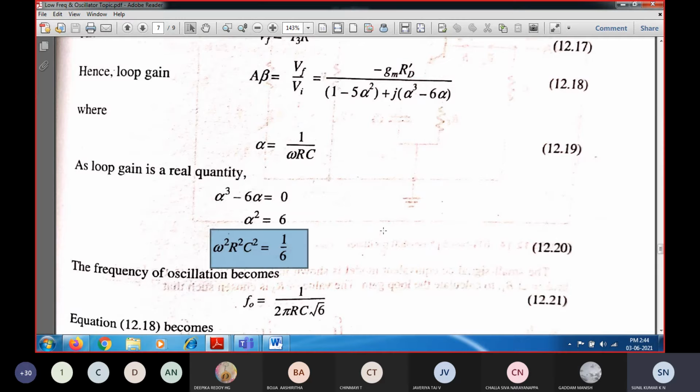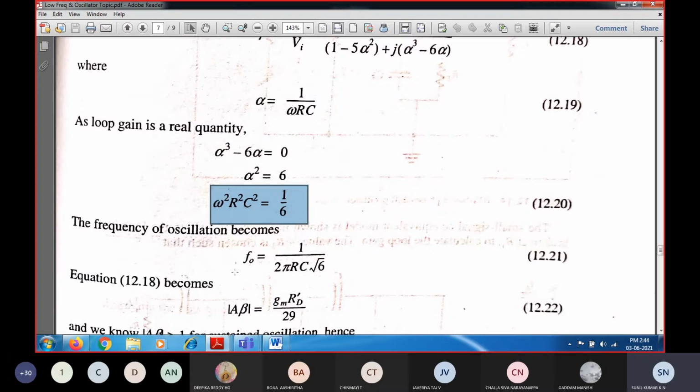The frequency of oscillation is determined by using this equation. If I simplify this equation, I will get the frequency of oscillation of this circuit. So the frequency of oscillation is given by 1 by 2 pi RC into square root of 6. This square root of 6 can also be written as 2 into 3.